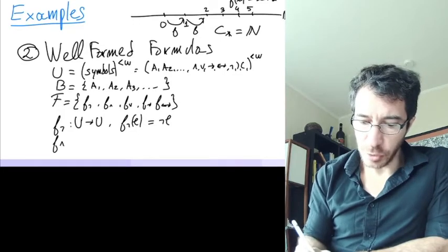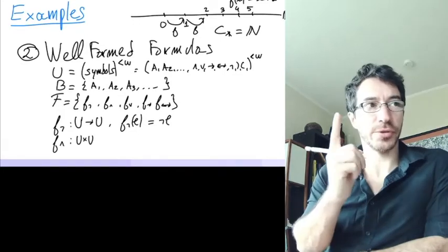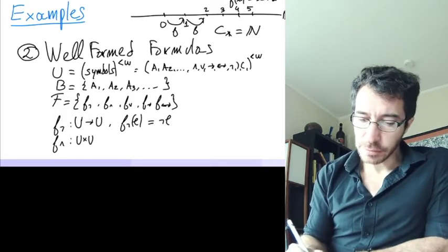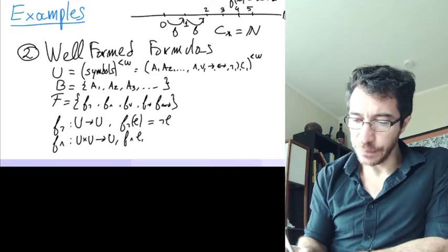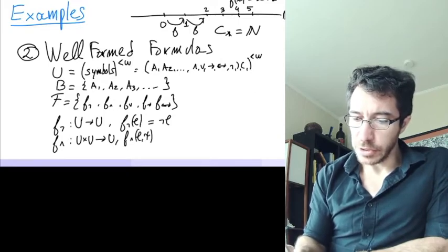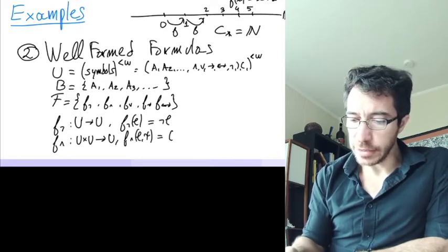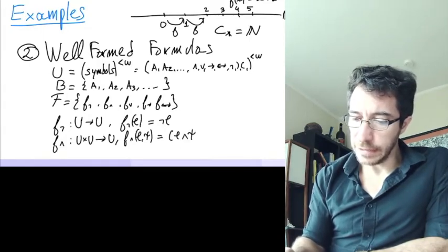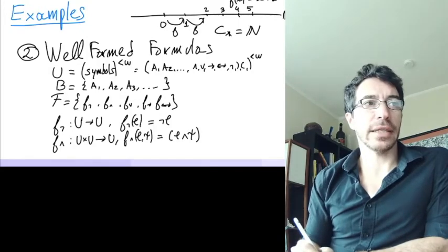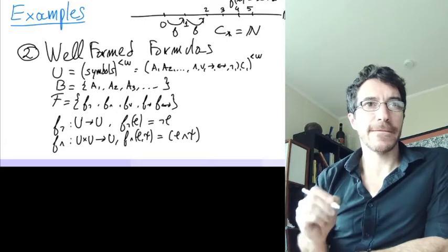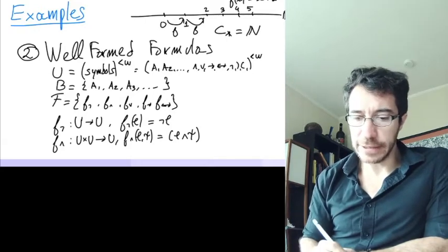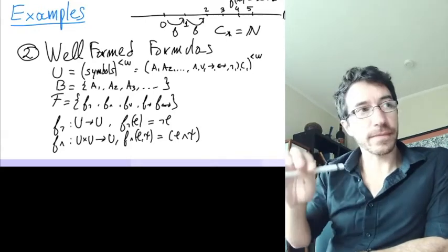F and goes from the set of pairs of strings to the set of strings, and when you apply it to two strings, you return the string that contains a parenthesis, then the string phi, then the character and, then the string psi, and then the closing parenthesis. Okay? So you apply f to these guys, and that's what you get.